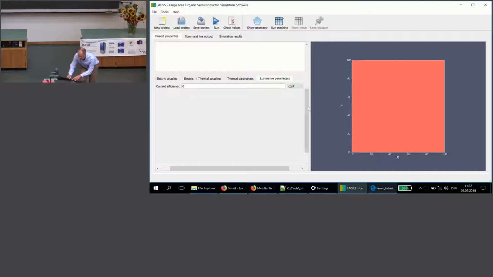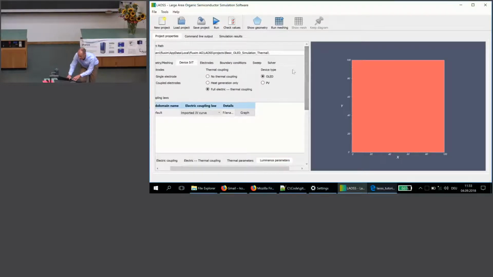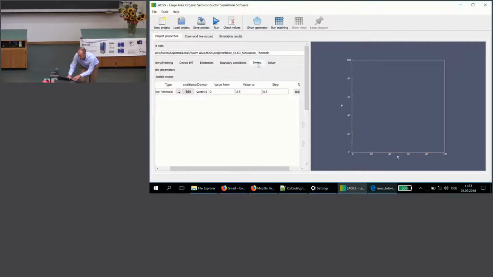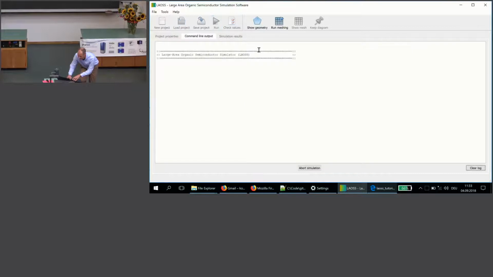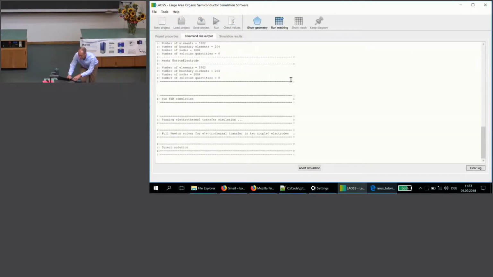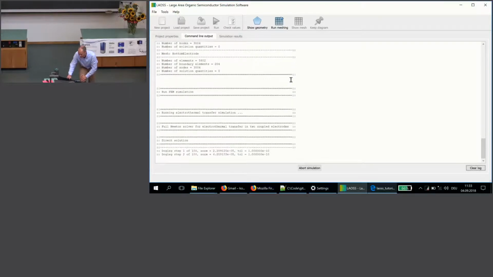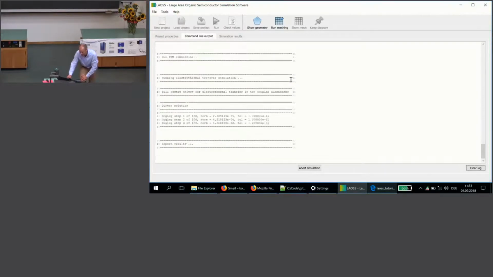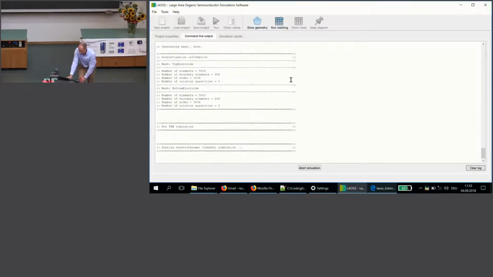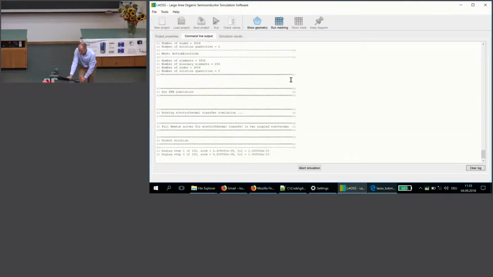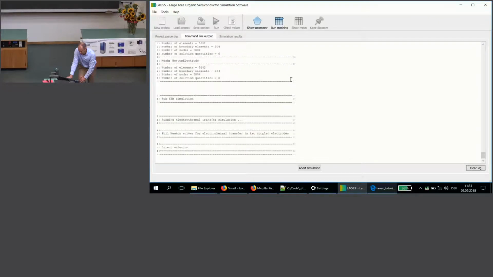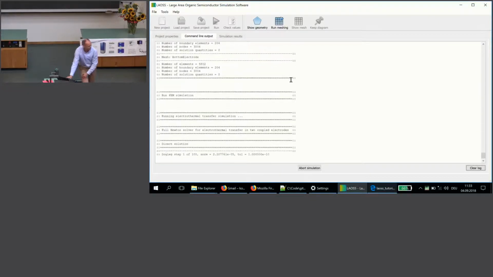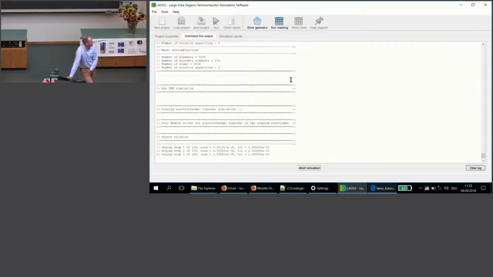And the luminance parameter is again as before. I think there was no sweep in this case. Oh no, there was a sweep. What was swept?